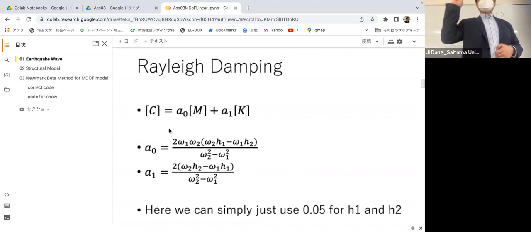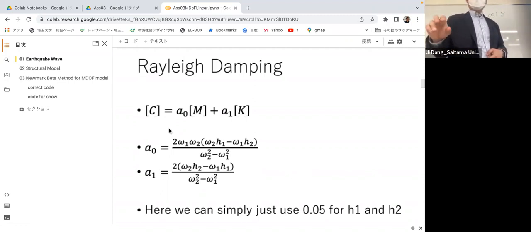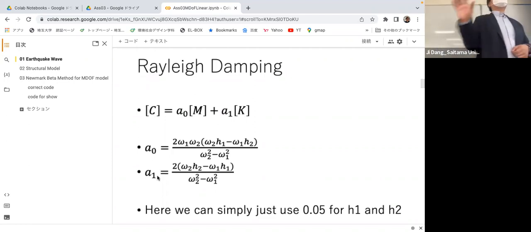Mode damping equals 2h omega m. With the first mode and second mode, it should be the same result. Using these two equations, for the first and second mode, you can get A0 and A1. For time saving, I will not explain how to derive the equation, but the result will be this.